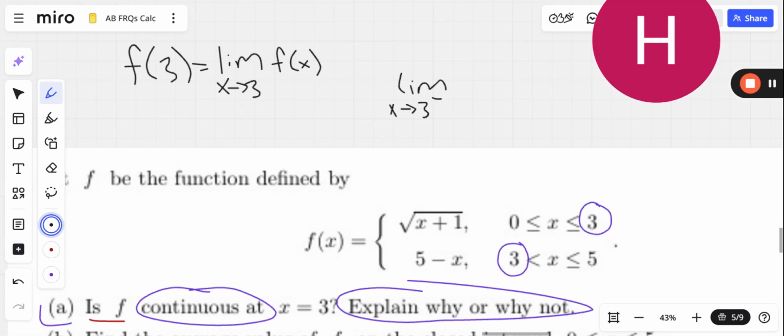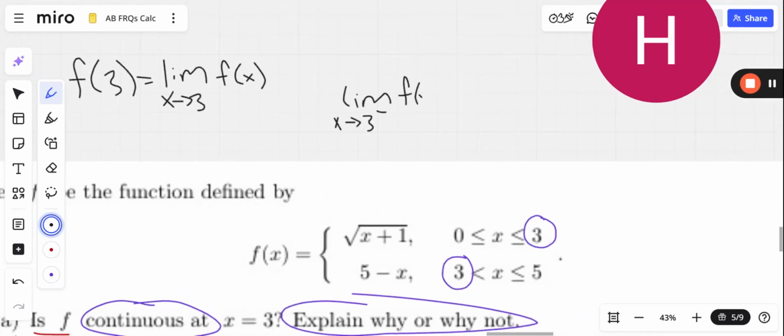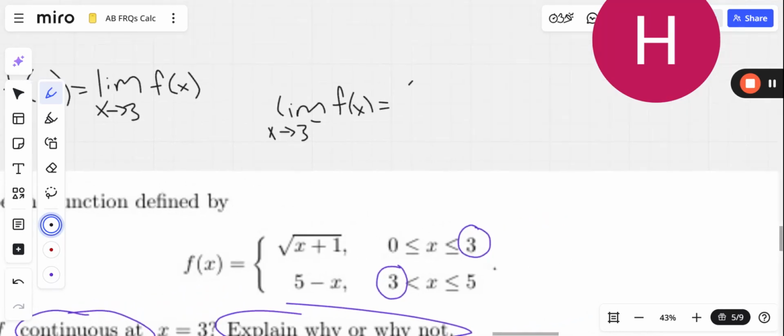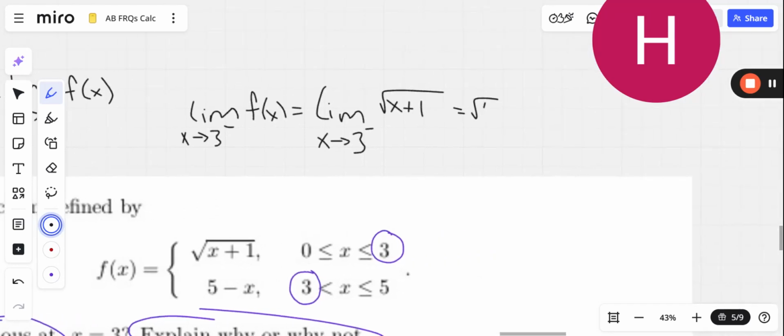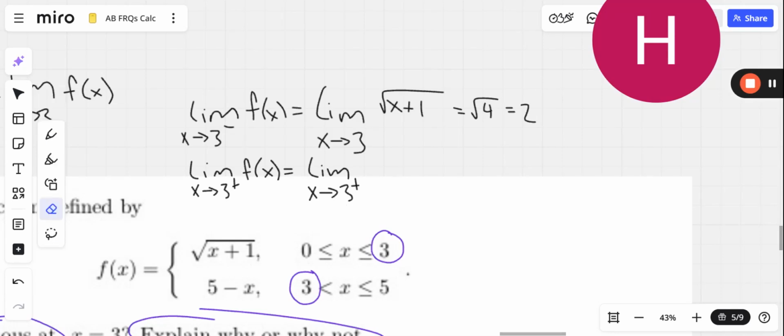So x goes to 3 from the left. That's going to be the same thing as using the top piece. Square root of x plus 1, which is just the square root of 4, and so that's just 2. Now the piece on the right, limit as x goes to 3 from the right, I should just say 3 on both of these.